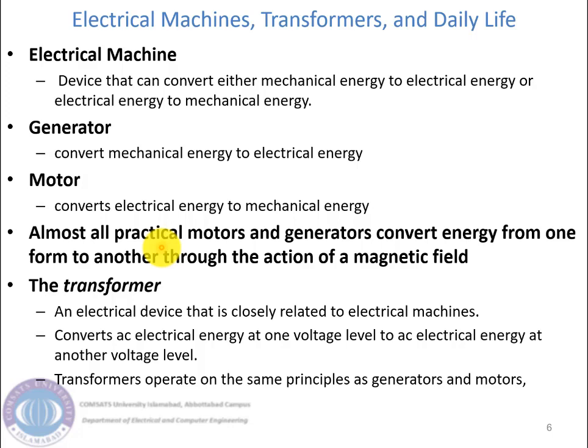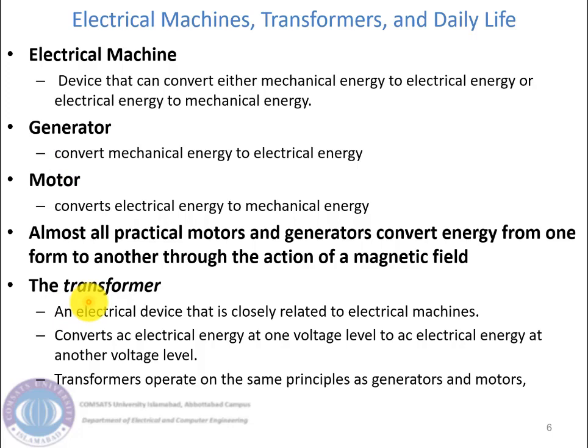Now, why are we putting the transformer in these electric machines? The basic principle of the transformer is the same as any other electric machine. The only difference is that the transformer has no rotating parts, so that's why we usually put the transformer with other rotating electric machines.